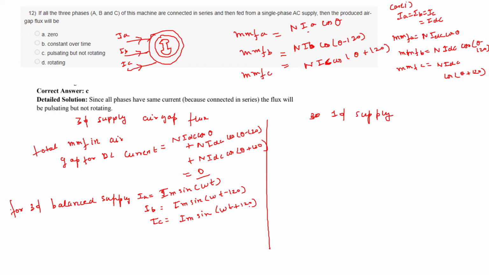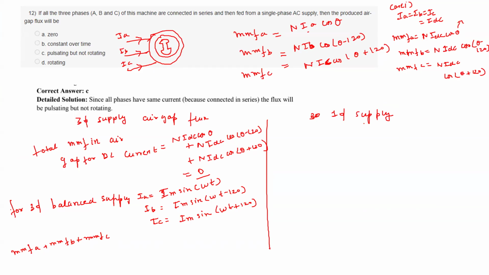So if you give it like this, then MMF A plus MMF B plus MMF C. You see this theta means space angle. The space angle comes due to the distribution of the windings.